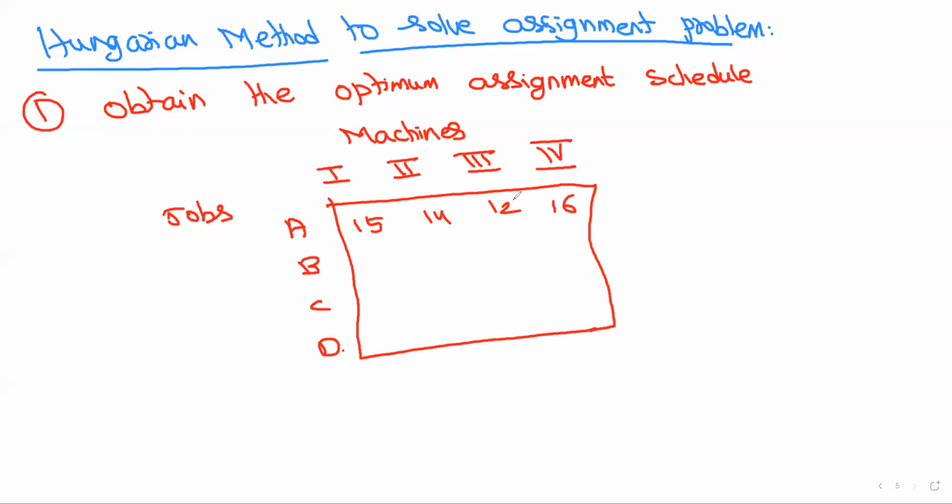The second row is 23, 22, 25, 14. The third row is 31, 34, 32, 33. And the last row is 21, 32, 44, 53. This is the problem we have. We have to find the optimum assignment schedule.